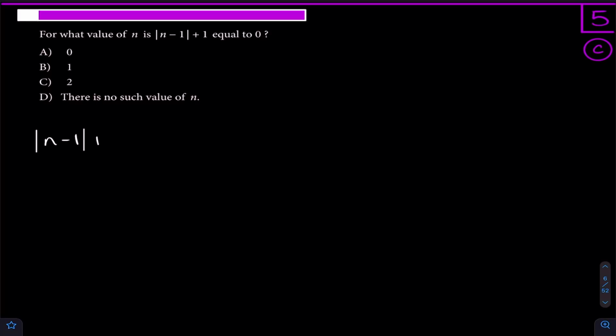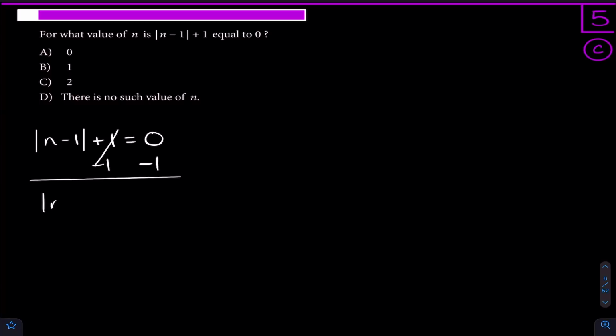Here, we have that the absolute value of n minus 1 plus 1 is equal to 0. And if we want to start solving this for n, what we want to do is get this absolute value by itself. So anything that is not in the absolute value has to go to the other side. We can get that plus 1 to the other side by subtracting it on both sides.